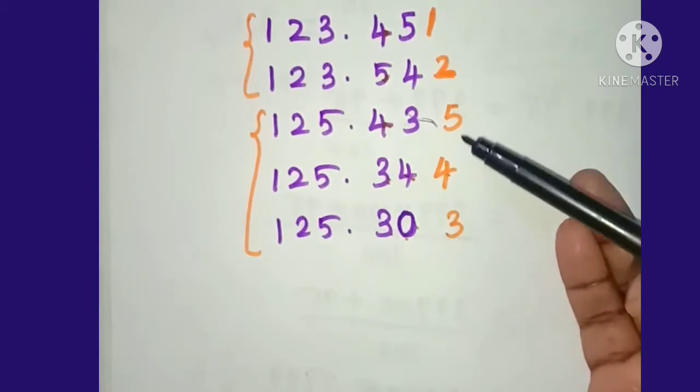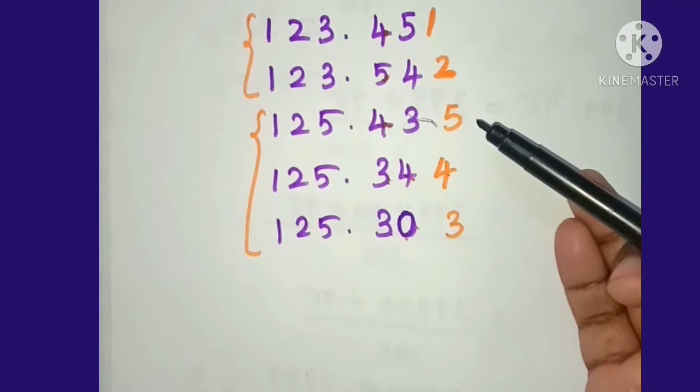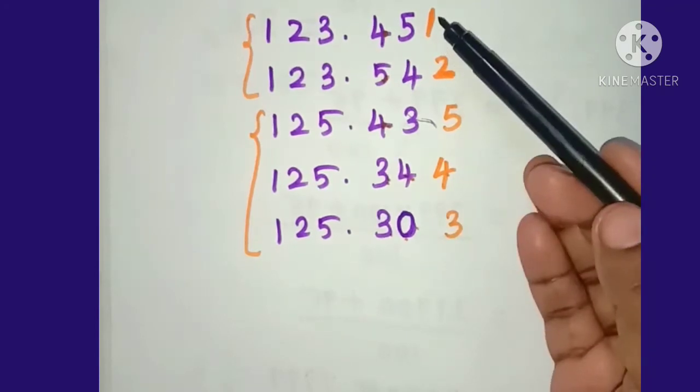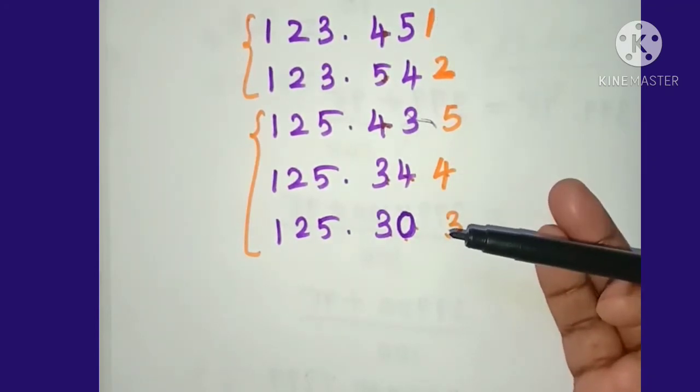So the ascending order means the arrangement from smallest to biggest. So write down from 1 to 5.